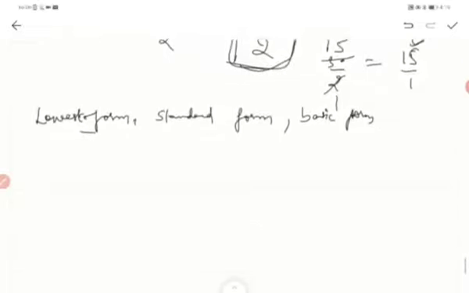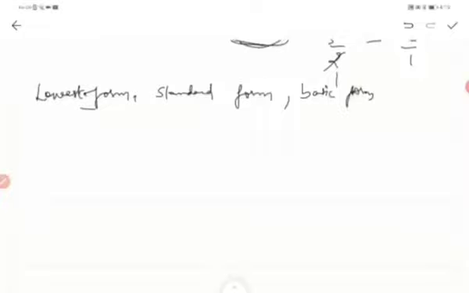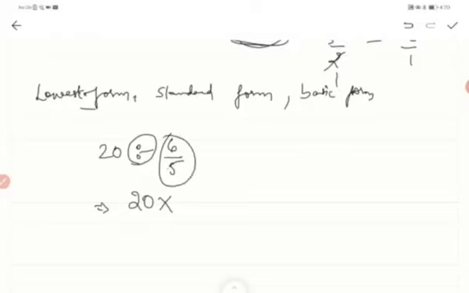Let me take a few more examples on division. It's very simple. If you have to divide a whole number like 20 divided by 6 by 5, suppose, I will convert this into multiplication. 20 into the reverse of this, which will be 5 by 6.